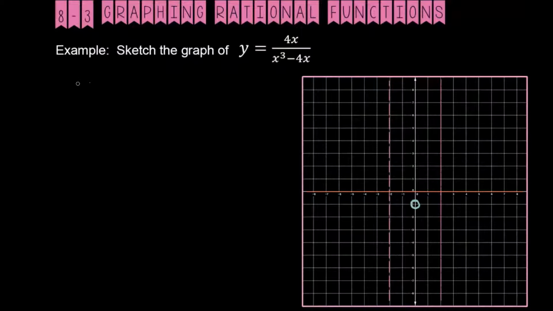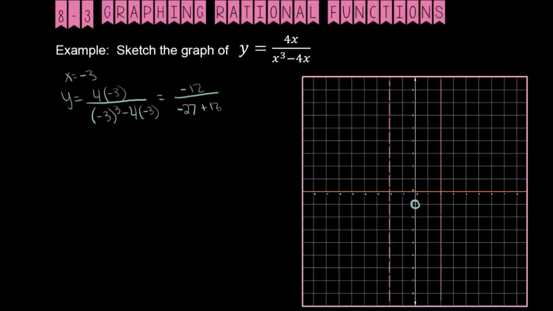So if I let x equal -3, I get y is equal to 4 times -3 over -3 cubed minus 4 times -3. 4 times -3 is -12. -3 cubed is going to be -27. And then -4 times -3 is a +12.